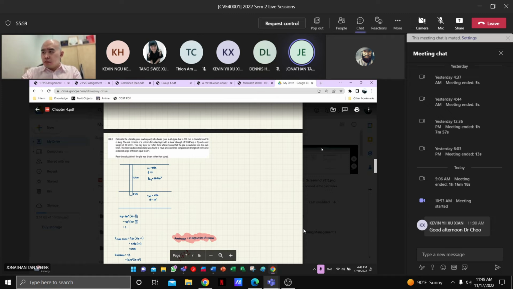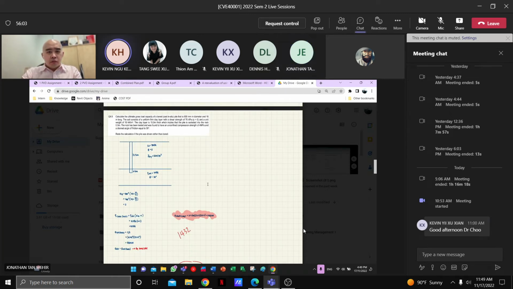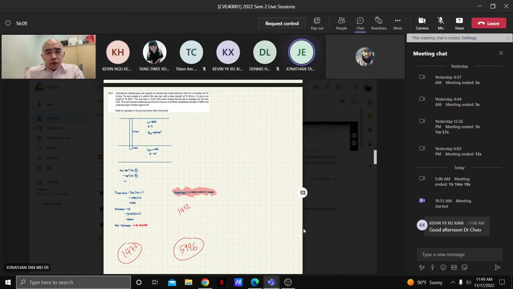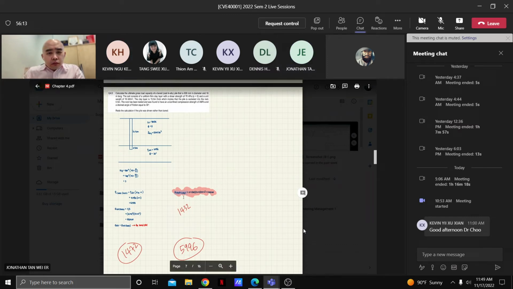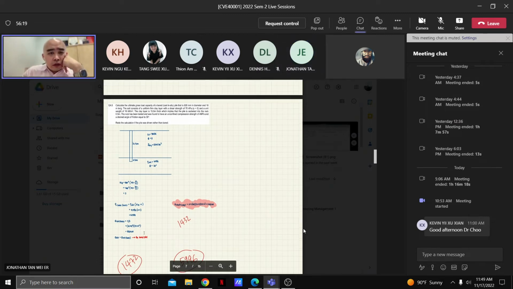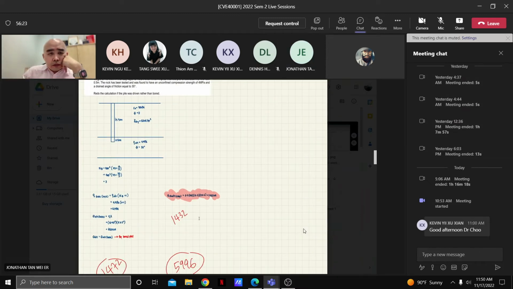And for question 4.8, for the driven pile, is it just the Q shaft plus the Q base? Because I calculated the value and got a slightly different answer. Okay, let me have a look. Calculate the ultimate gross load.